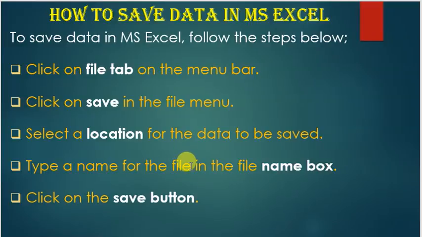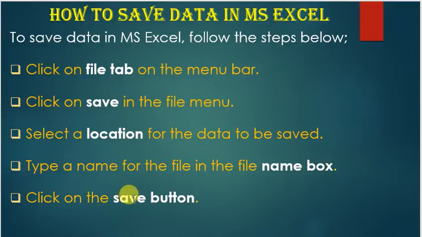So you erase the default name, which is Book1, and type in a unique name that you want the file to be saved with. Then after typing the name, there's a Save button below the Save As dialog box. You then click on the Save button for the file to be saved.